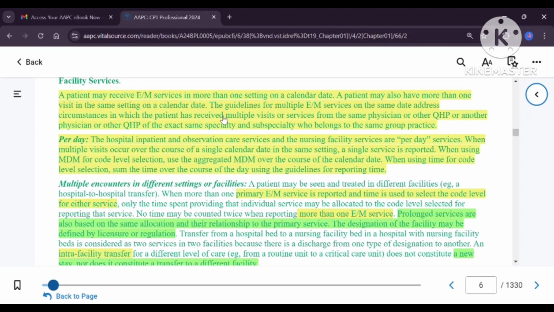And always for the first service we use modifier 25; for the second service we don't need it. Whenever you are reporting 2 E&M codes, or 1 E&M code along with 1 CPT code, we have to report modifier 25. Modifier 25 is used for a separate and significant E&M service on the same date of service.